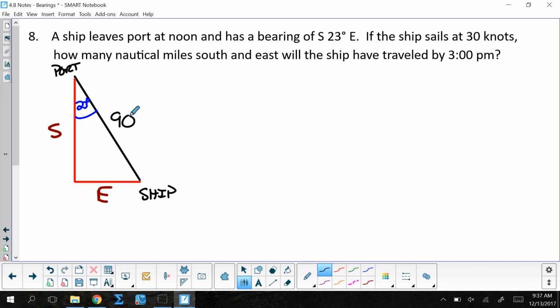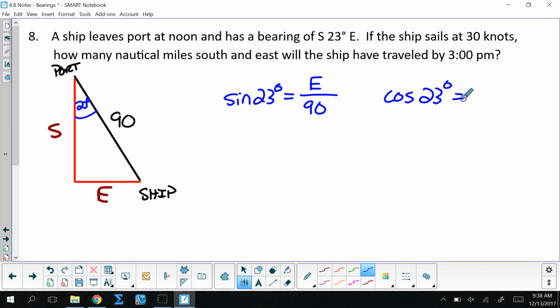Okay. So here I would go with the sine of 23 degrees is equal to my easterly component over 90, and I would go with the cosine of 23 degrees is my southerly component over 90.